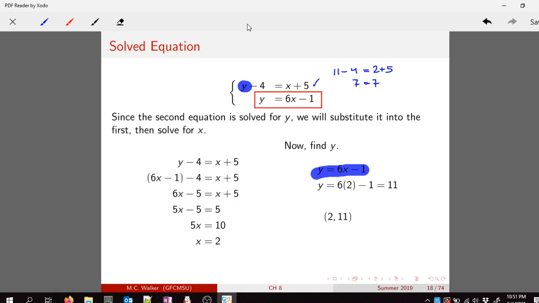That checks out. And I know we just substituted it, but it's good practice to check in both of them. 11 is equal to 6 times 2 minus 1 is equal to 12 minus 1. That checks out as well. So this is a good solution.